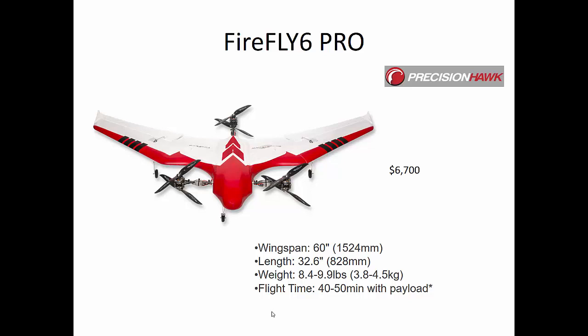Right now they're in the takeoff position, and then they would rotate to push the aircraft through the sky. The flat rate to begin with is about $6,700 for that specific drone, and you can see not quite getting 50 minutes. It depends on how much payload, how much weight the camera and sensor system has. It has a 60-inch, five-foot type wingspan, to give you a frame of reference of how big the aircraft is.